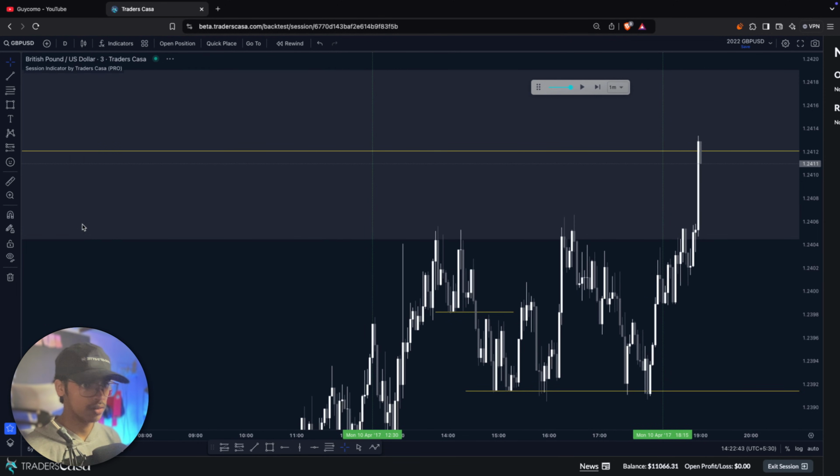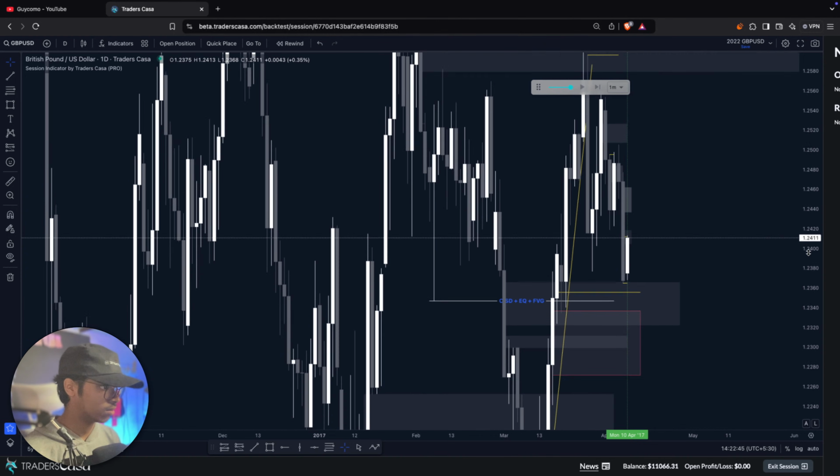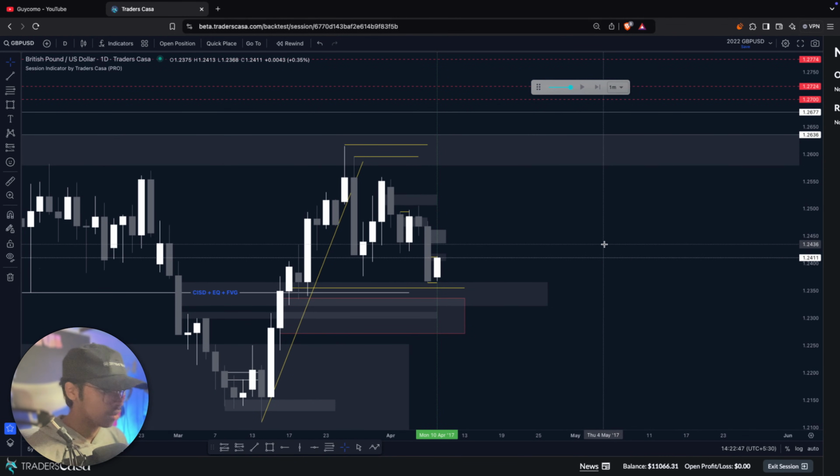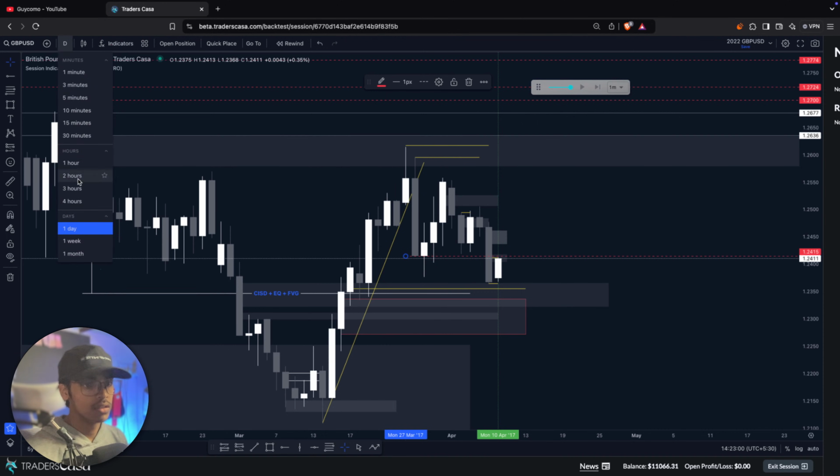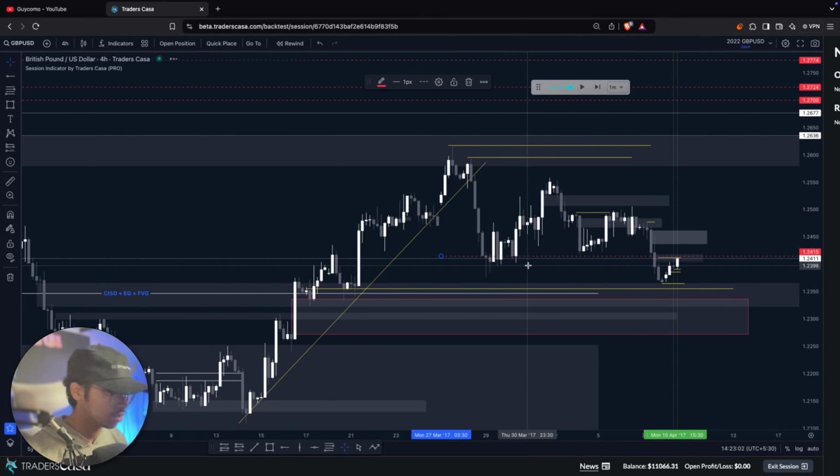I go on a daily time frame. What's the time right now? The price could reject from this point, right? Change in the structure of liquidity, on the daily time frame.